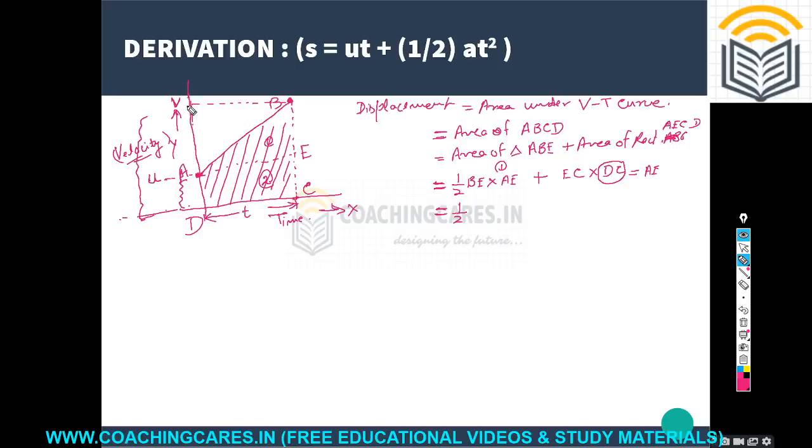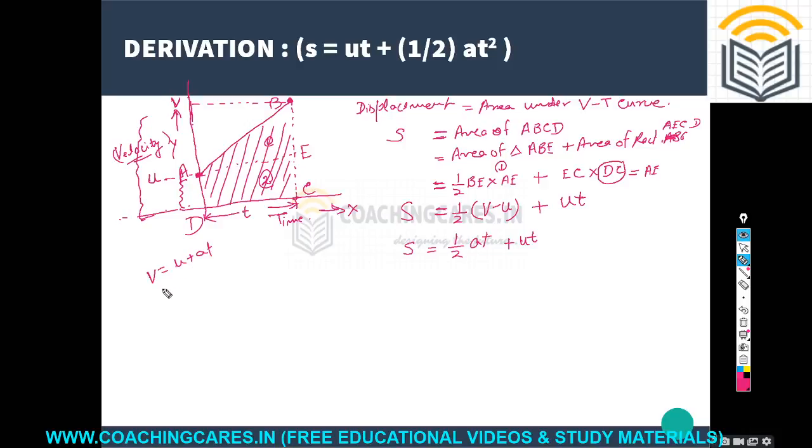Half BE. B is nothing but this is V from this origin and this is U. So BE will be V minus U. And EC is nothing but U. And AE or DC is nothing but T. So we can write displacement, we are assuming S, so S is equal to half A T plus U T. This V minus U, you can understand like this, V equal to U plus AT.